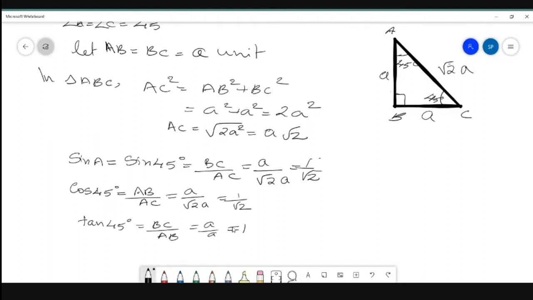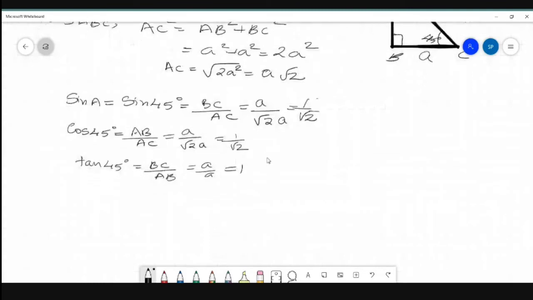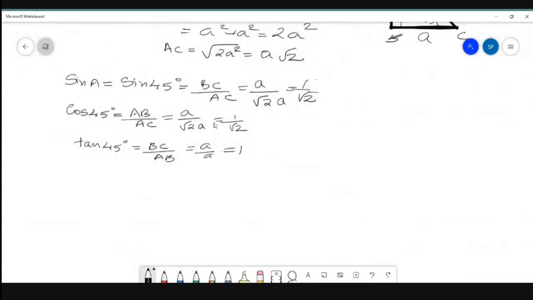Now we'll get all the other three ratios. Which are the other ratios? Reciprocal of sine is cosec 45. Reciprocal of cos 45 is sec 45. And reciprocal of tan 45 is cot 45. So let us write the other three relations.